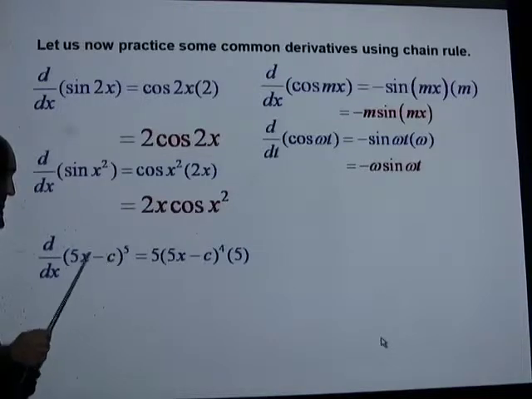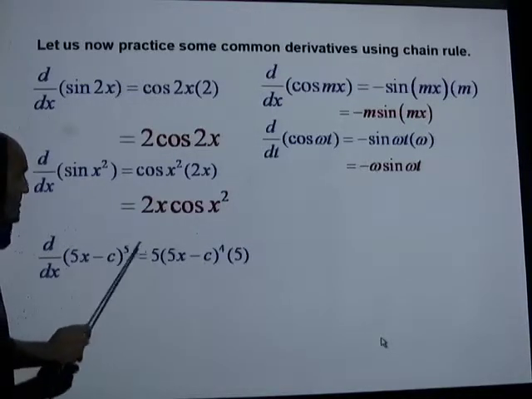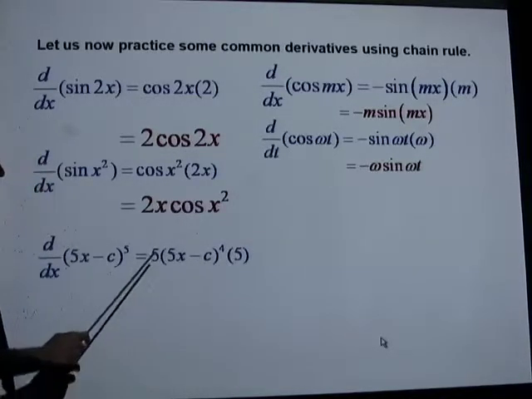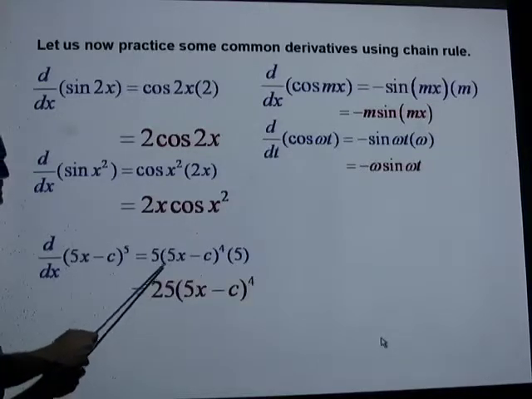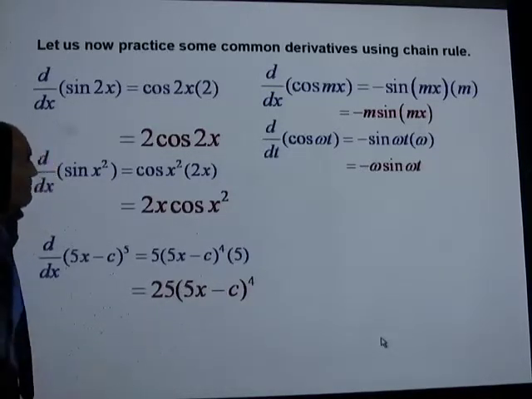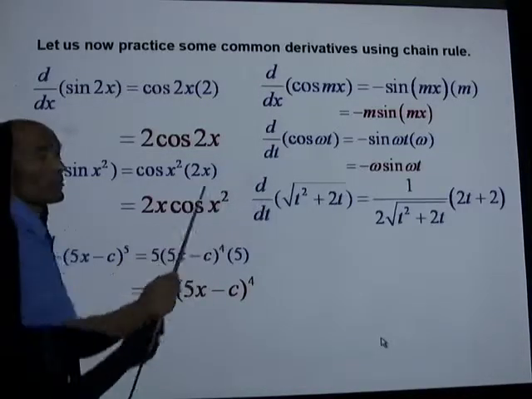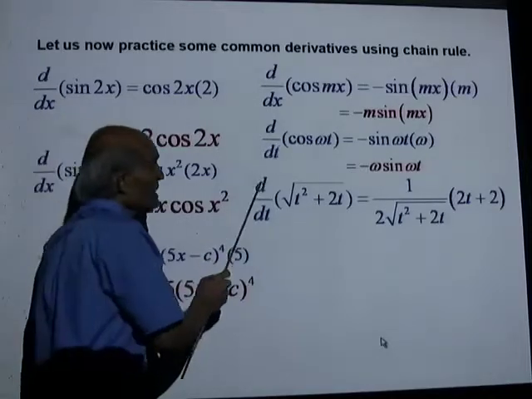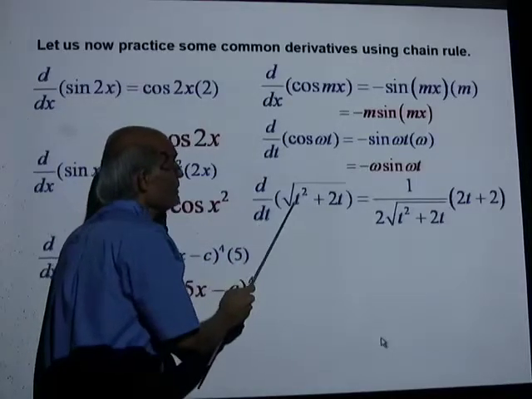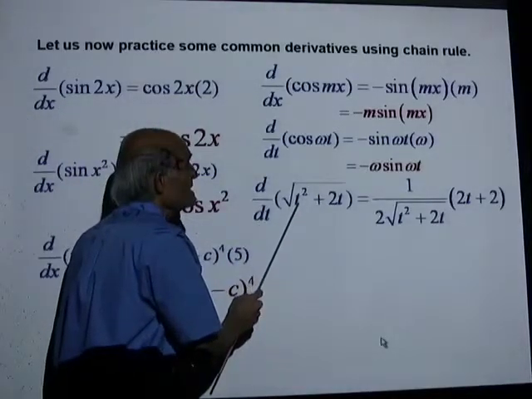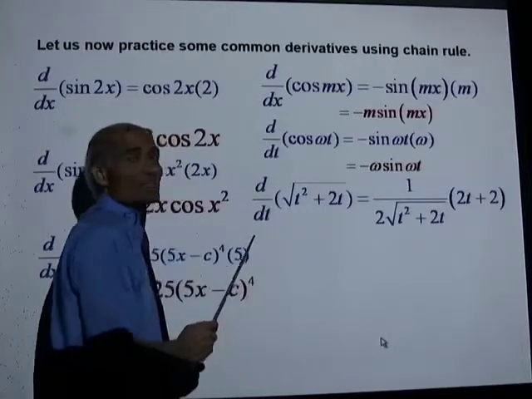C is a constant. The derivative of 5x minus c is 5. And so the answer is 25, 5x minus c raised to the power of 4. And now a square root quantity. Look at this, d by dt of square root of t squared plus 2t.